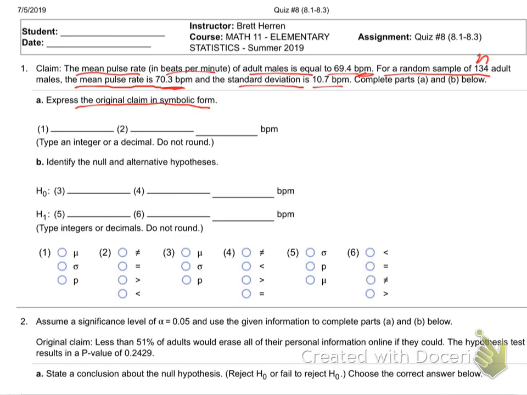So where did they mention a claim? Claim. The mean pulse rate. So how do you say mean? That's mu. It's a Greek M. I know it looks like a U. We say mu. I'm not going to test you on how to say it, but it's called mu.